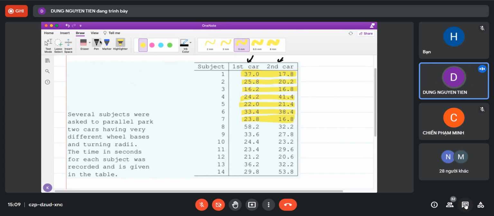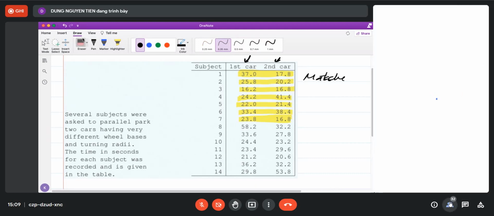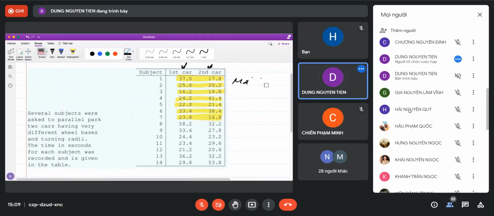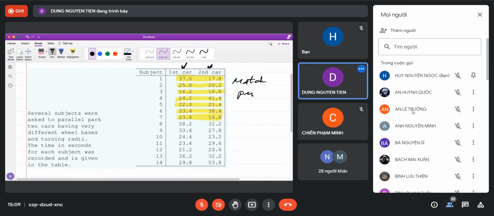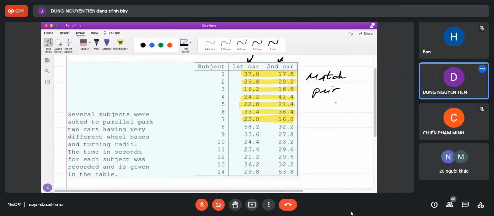You can call them the matched pair design. Understand? So the two samples are dependent.